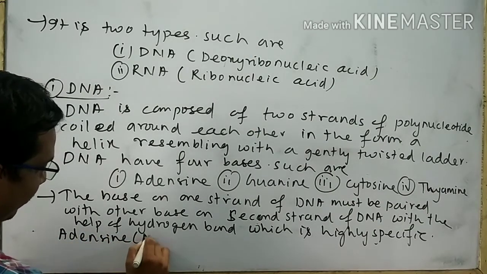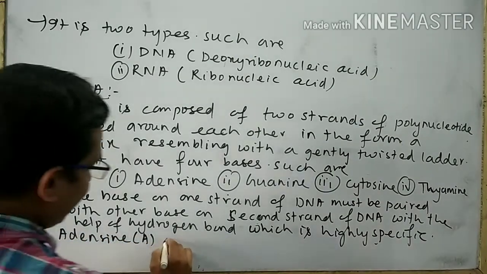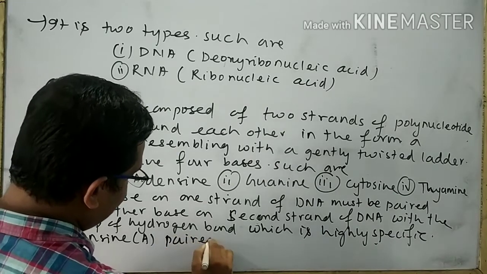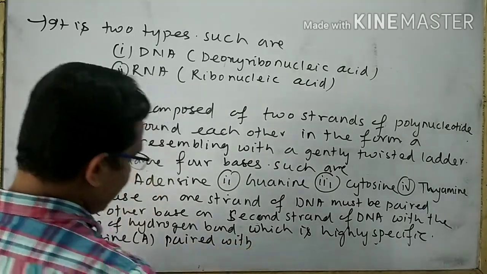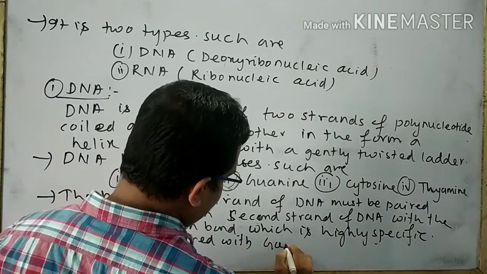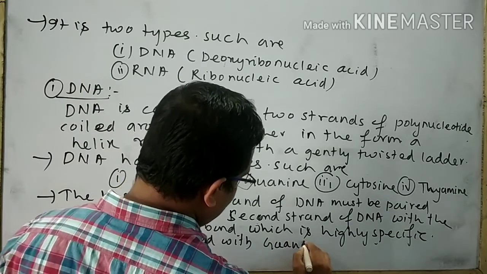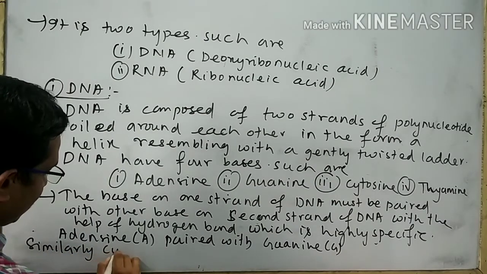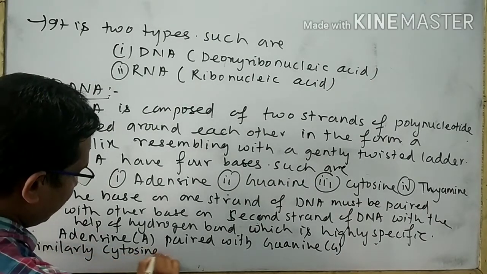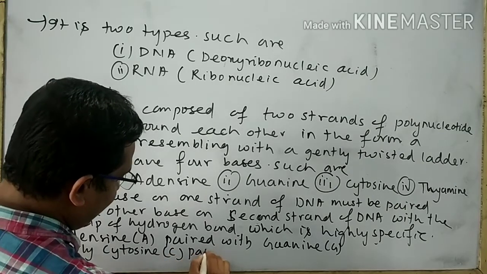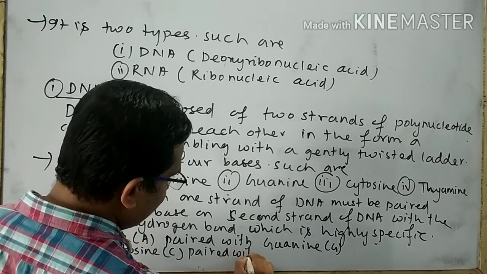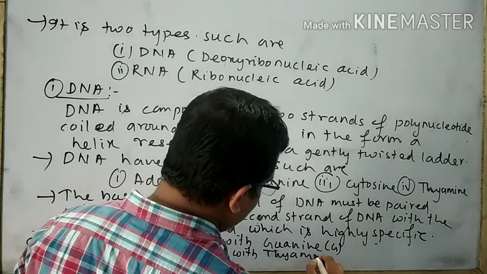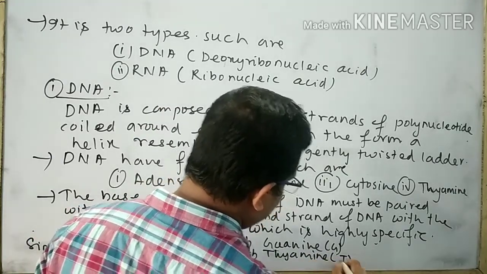Adenine, represented as A, is paired with thymine, that is T. Similarly, guanine, that is G, is paired with cytosine, that is C.